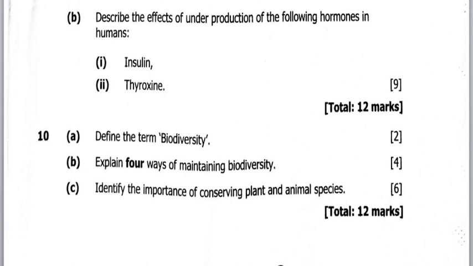We know plants and animals also can be used for food. They can also help us for educational purposes and research, and also for preservation, that is for future generations. So that one is also going to help us. That's basically how you can go about that.